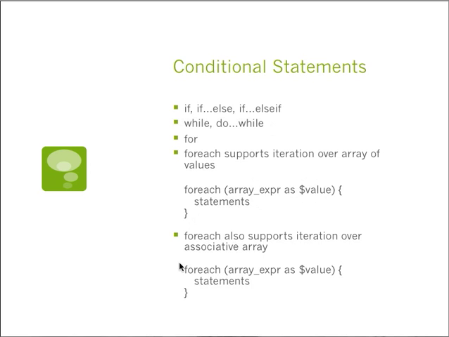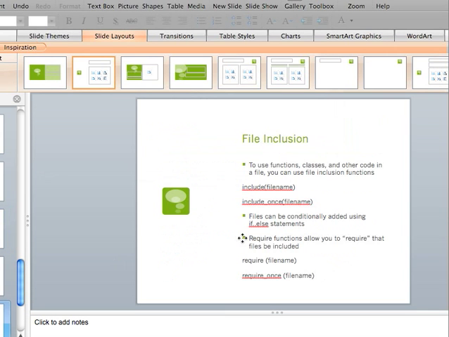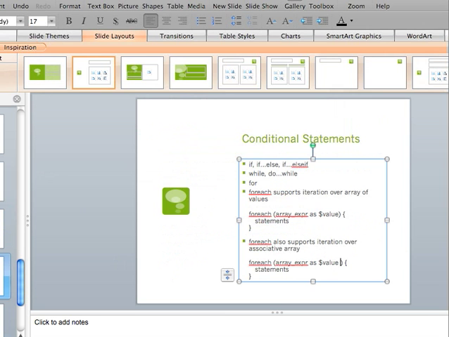You can also do an iteration over an associative array, and I think I have the syntax wrong here. This should be as value, and I believe it should be value, and I think this one should be key, as key.